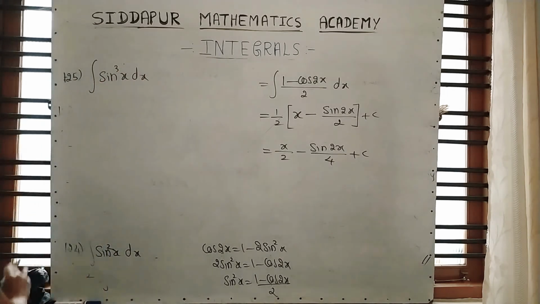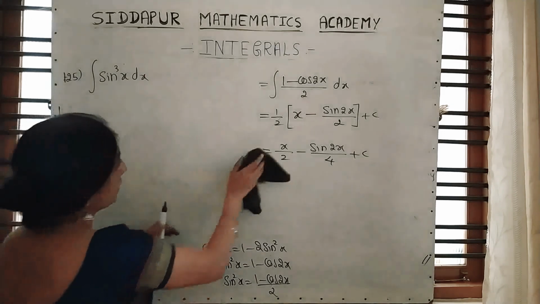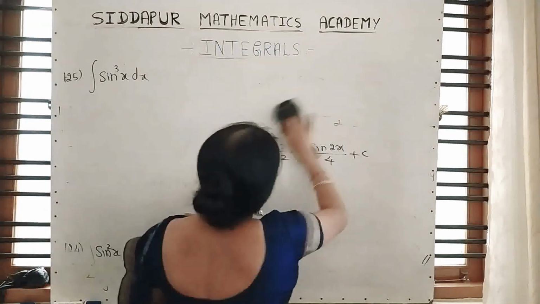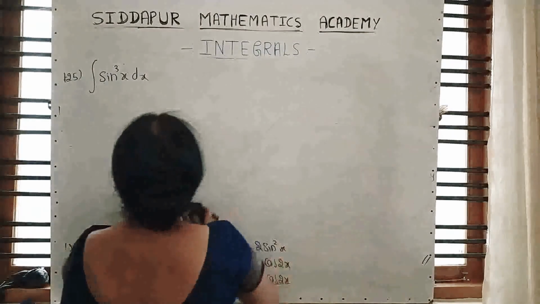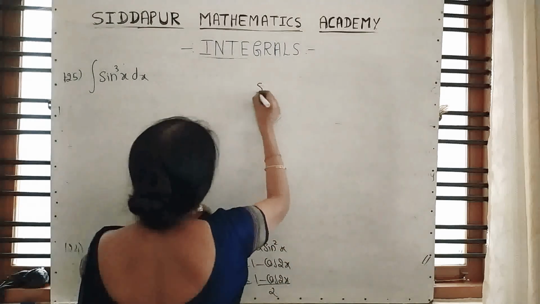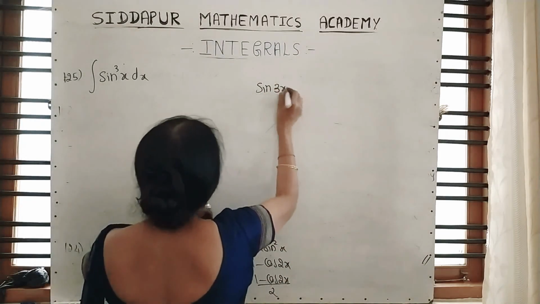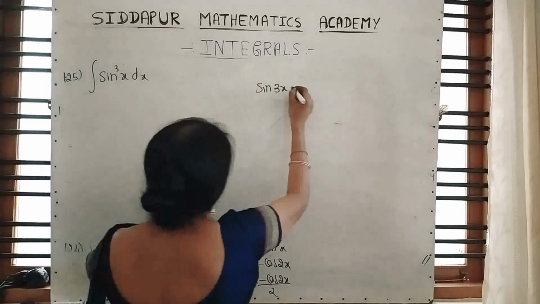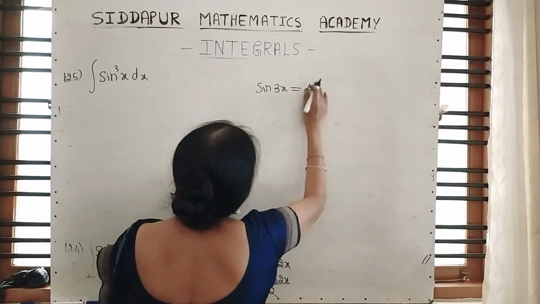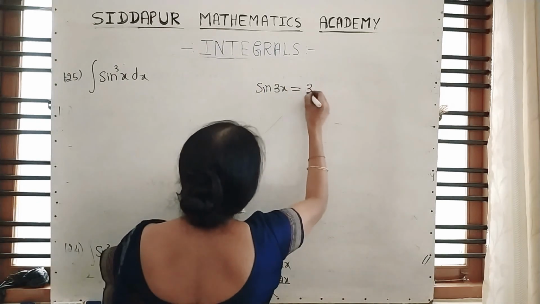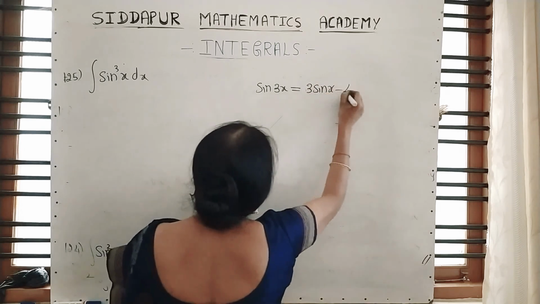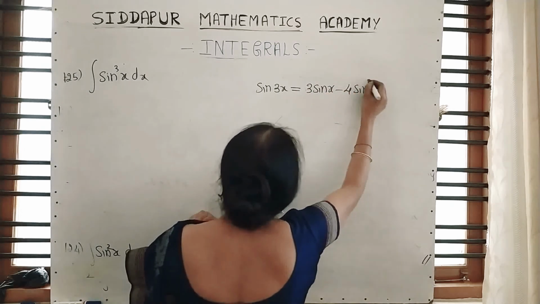There are so many methods for this, but I will explain using the trigonometric formula. Have you remembered sin 3x? See why we are writing this? Because we are not familiar with sin cube integration. Sin 3x is 3 sin x minus 4 sin cube x.